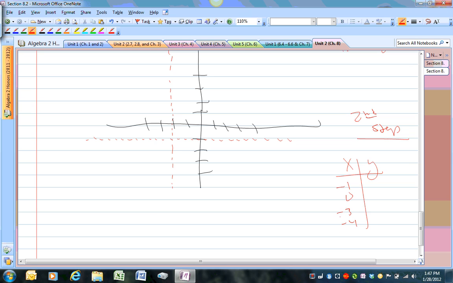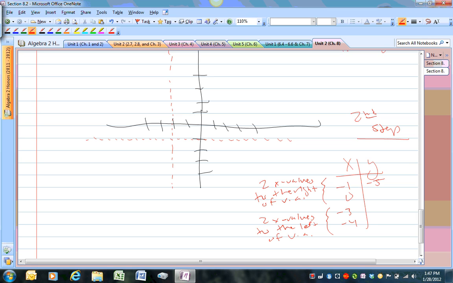And I notice I chose 2 to the left and 2 to the right of the vertical asymptote. So 2 x values to the right of your vertical asymptote, and these will be 2 x values to the left of the vertical asymptote. If I plug these in, so I plug in negative 1, I should get negative 5.